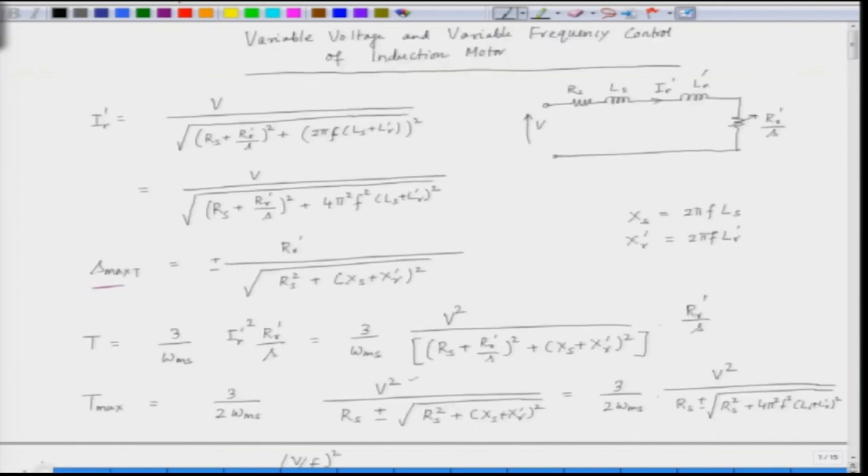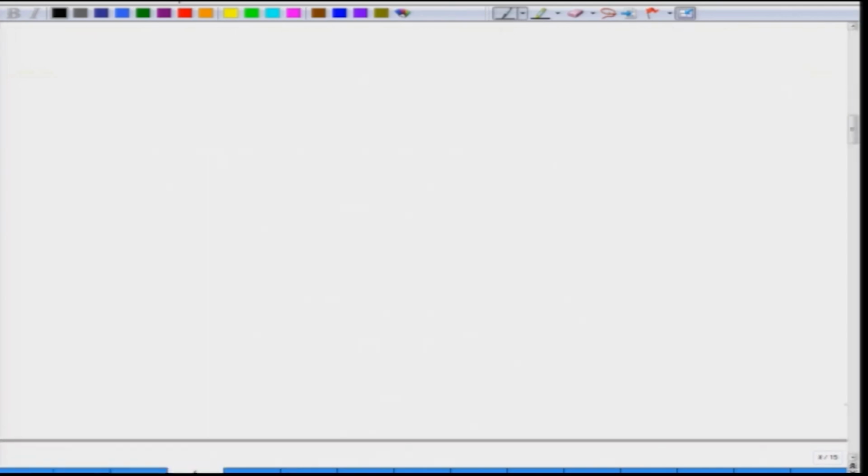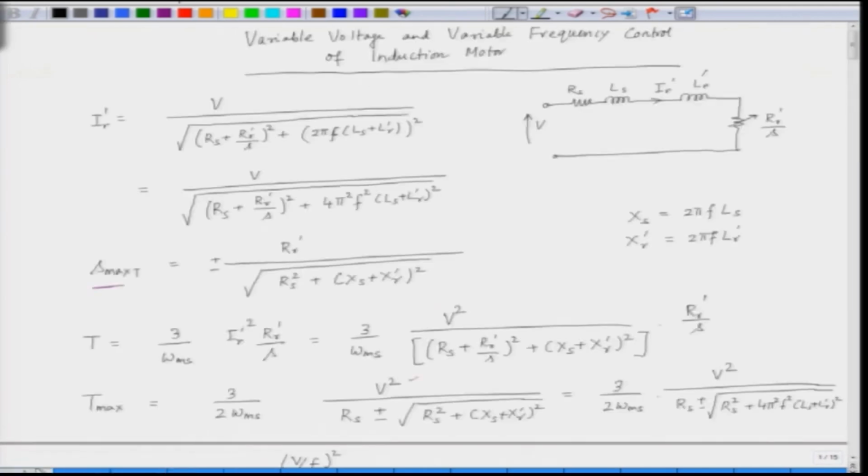Now, let us just go back to our previous equation. In the previous equation, what we found is that we have the expression for the maximum torque. What we do is divide by f.